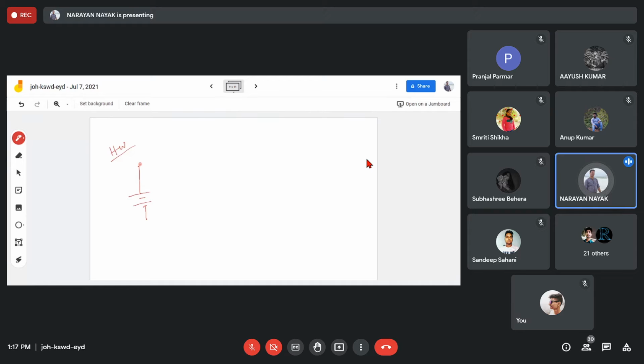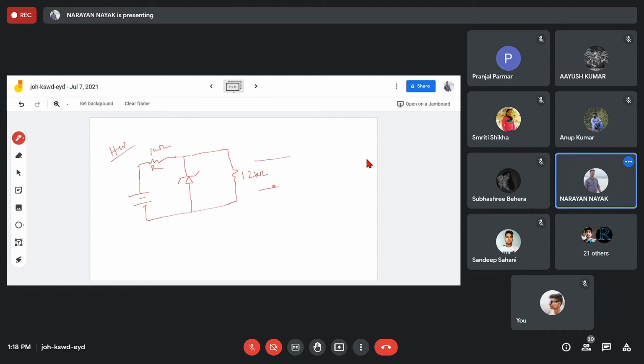So let us say in place of the PN diode, I have given a Zener diode. Let us say one Zener diode is there, and a resistor of 1 kilo ohm. Understood? This is the Zener diode. On the output side we have 1.2 kilo ohm.